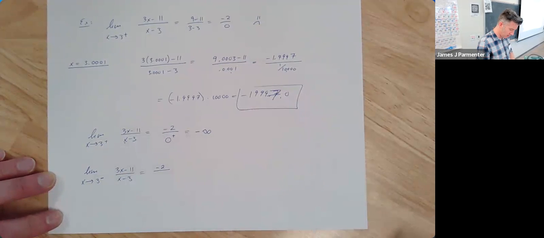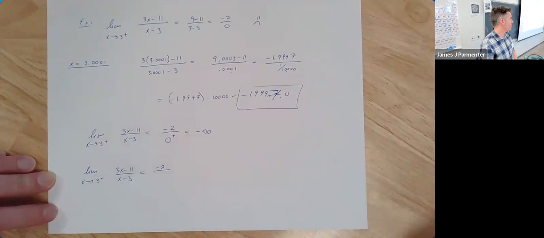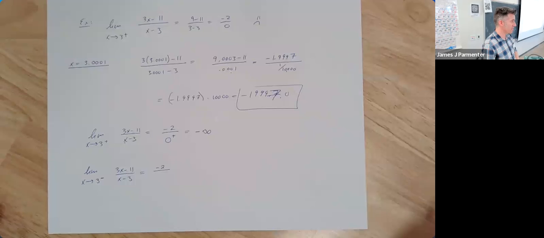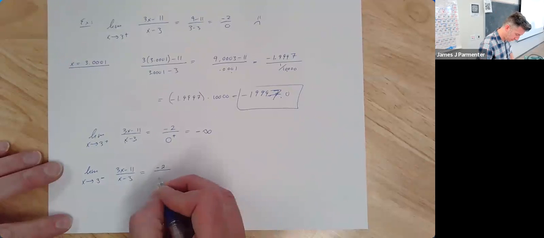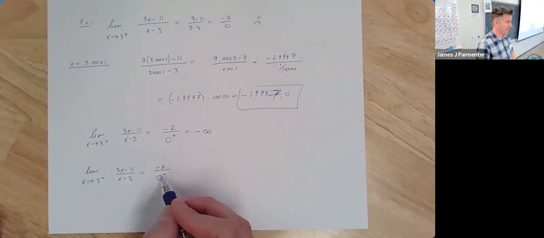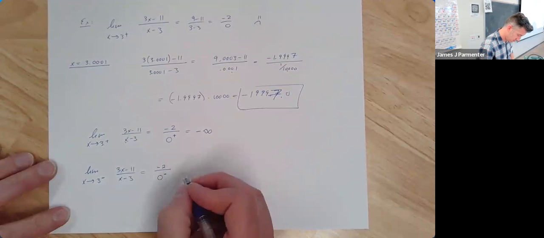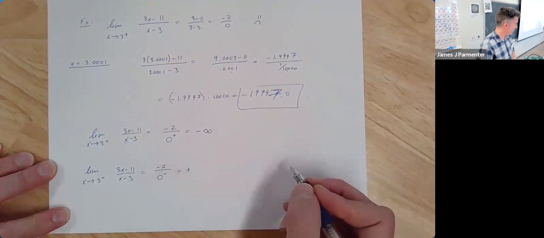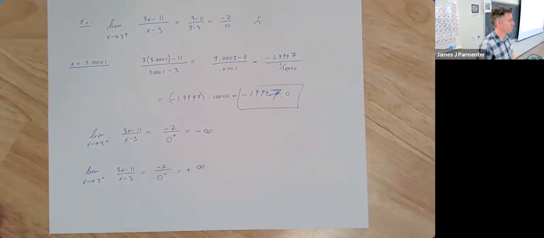But the denominator now is going to be ever so slightly negative because you have a number that is just a tiny bit smaller than 3, minus 3, which is going to be a little bit negative. And then negative divided by a negative is positive. And it's a large number.